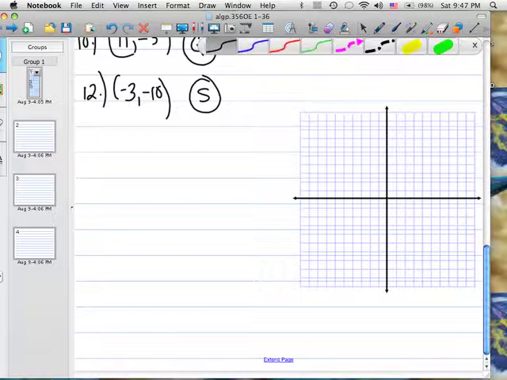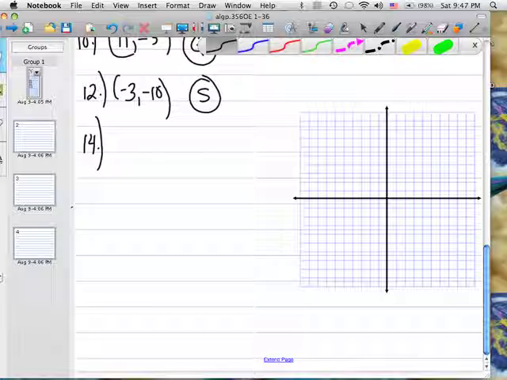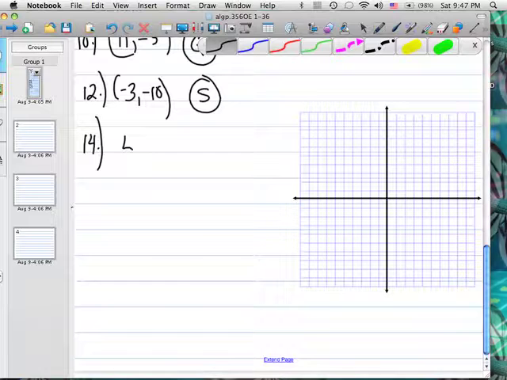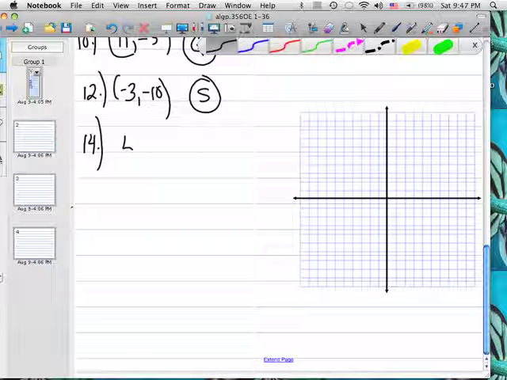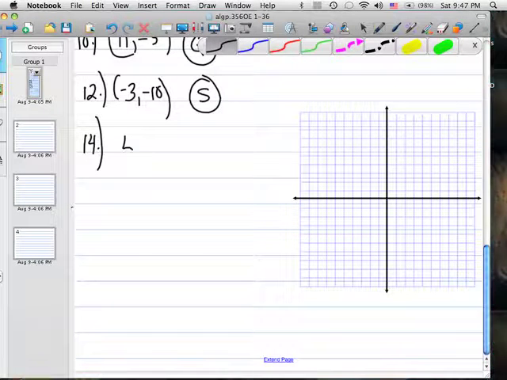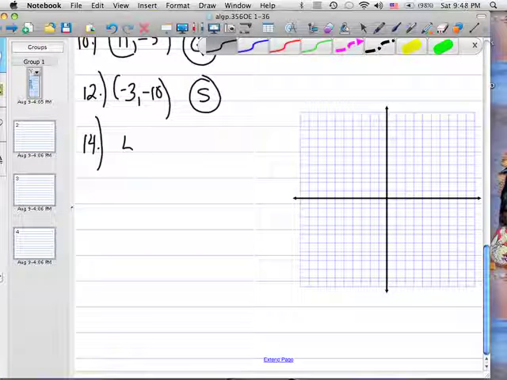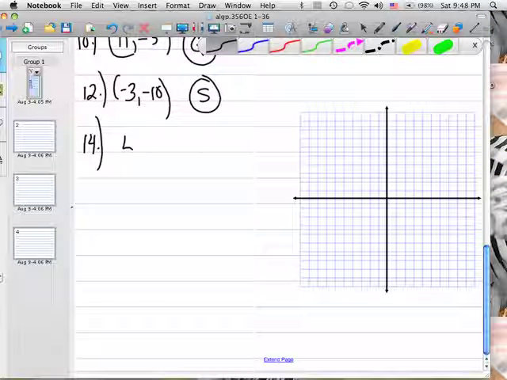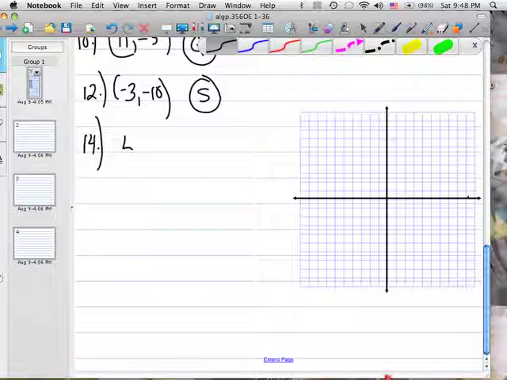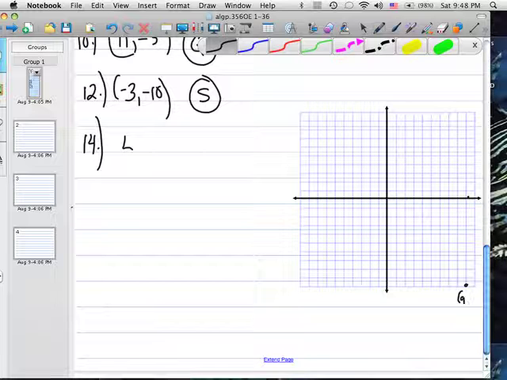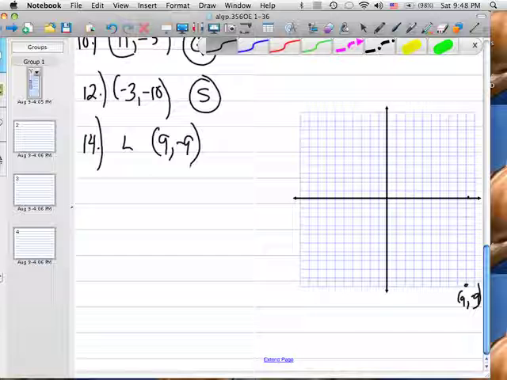So problem number 14, you're supposed to locate L and give its coordinates. So if you're looking at your book, L is 9 over and 9 down. So it'd be 9, negative 9. 9 to the right, 9 down.